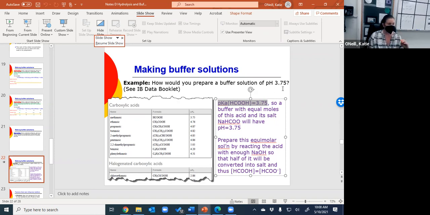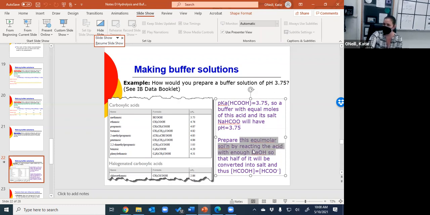Now our job is to make it so that the concentration of the weak acid equals the concentration of its conjugate base at equilibrium. In order for the pH to be equal to the pKa, that's what has to happen for the Henderson-Hasselbalch equation. So the molarity needs to be the same, equal molar. That's why you get 0.1 and 0.1.